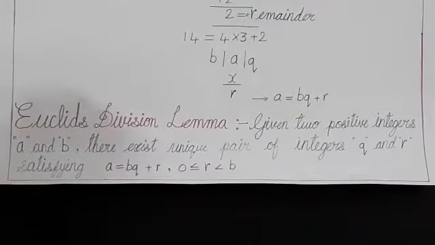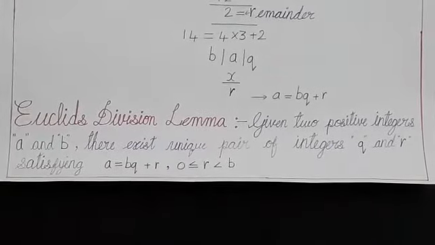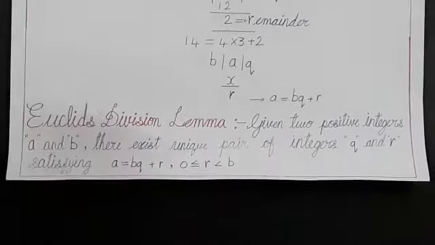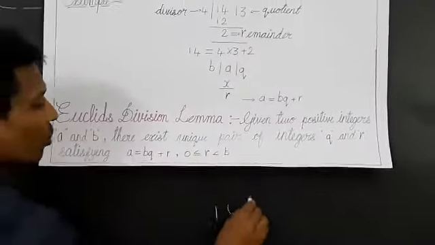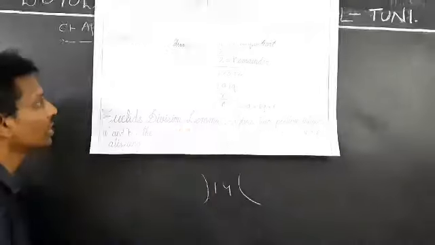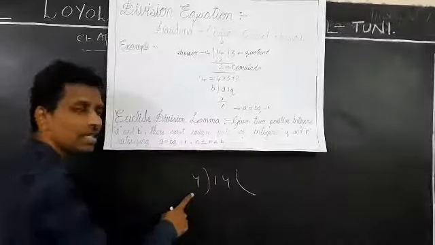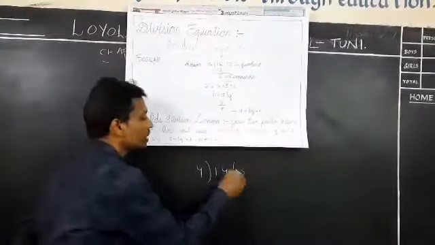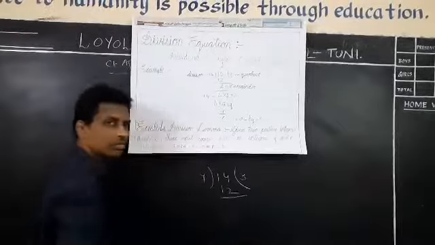Here I want to explain one example. Let us go to the same example. If you take the same division, 14 is the dividend, 4 is the divisor. When 14 is divided by 4, the quotient is 3. 4 3s are 12, we know the product.